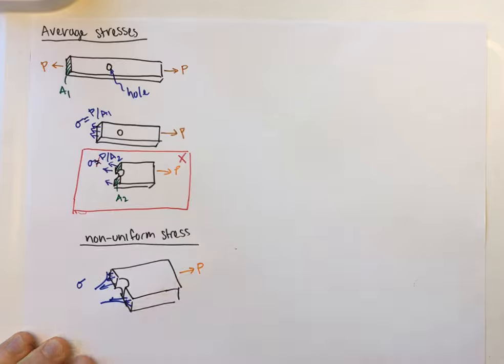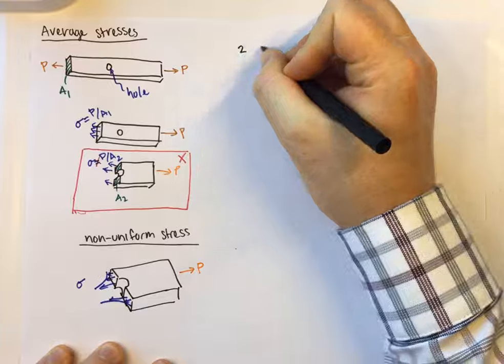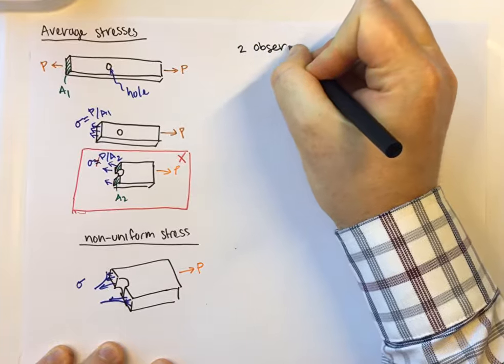This stress picture is important when you're talking about strength, right? If the material has a certain stress at which it fails, then this non-uniformity in stress matters if you're thinking about the strength of this whole bar here that we're looking at. So that's one of our two observations.